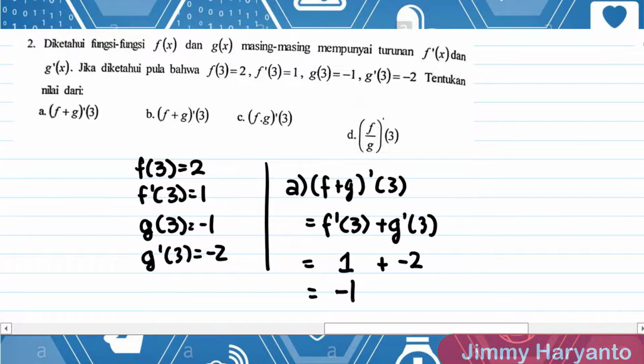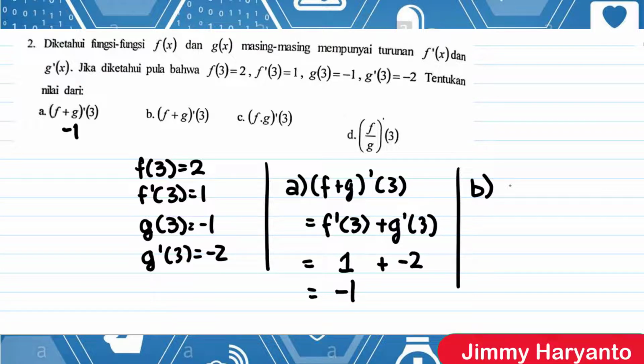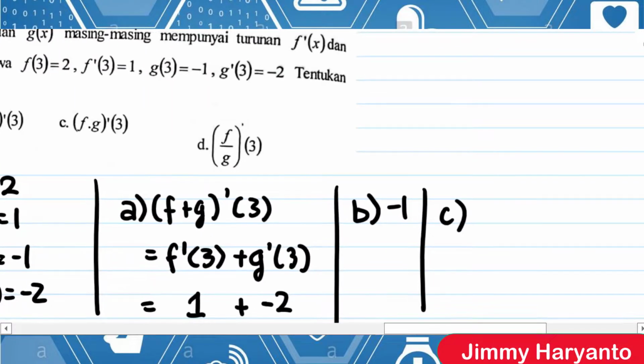So when you add them together, the result is negative 1. So the first one is negative 1, and then for the second one, b. Wait, I don't see any difference between a and b. So b equals negative 1 also.